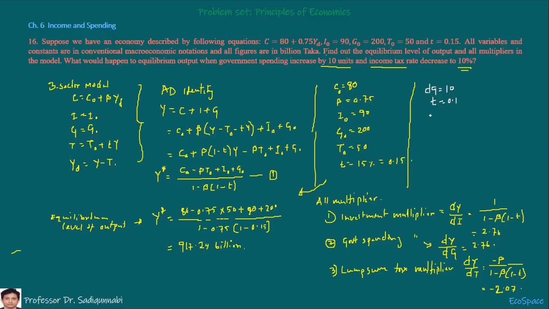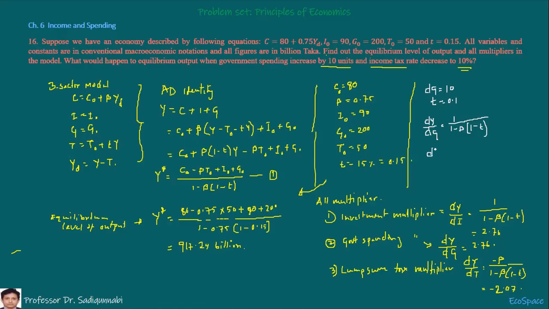So we know that from the government expenditure multiplier, dy dg equals 1 by 1 minus beta (1 minus t).